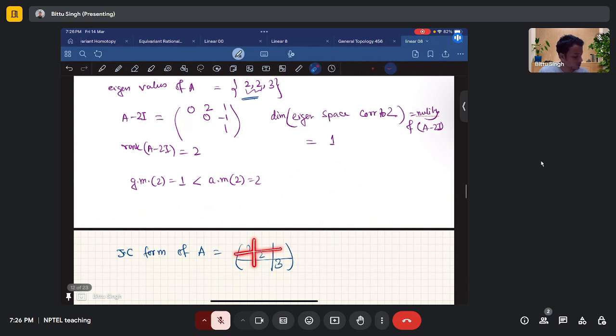If we separate it into two different blocks, then the number of Jordan blocks corresponding to 2 would be 2. Therefore this must be a single Jordan block, right? Since the number of Jordan blocks corresponding to eigenvalue lambda is the same as the geometric multiplicity of lambda.